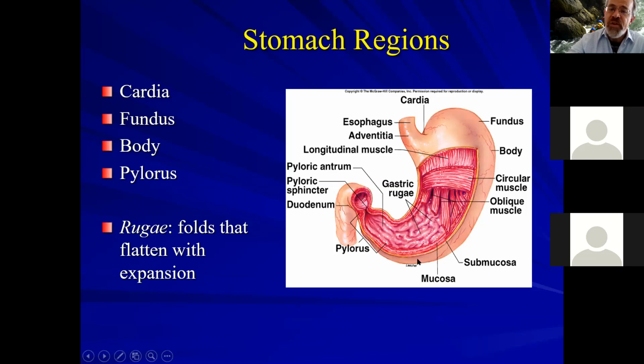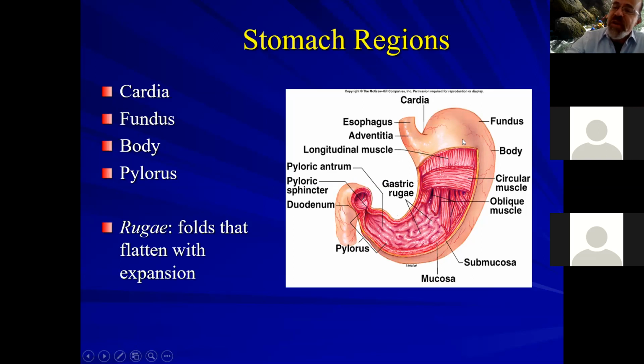The remainder is known as the body. And the last part, prior to entering into the small intestine, is known as the pylorus. You'll notice there's another sphincter there too. Remember, going into a different compartment, this is called the pyloric sphincter.